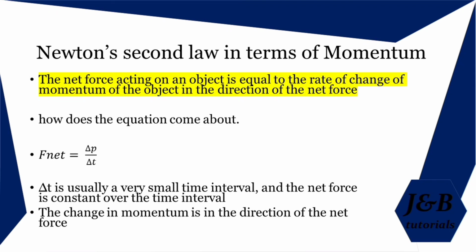So we're going to say F net, which we knew to be equal to ma according to grade 11, is now equal to Δp over Δt. Okay, in the next video we'll look at how this equation came about, and how it was derived, because it has a mathematical derivation.